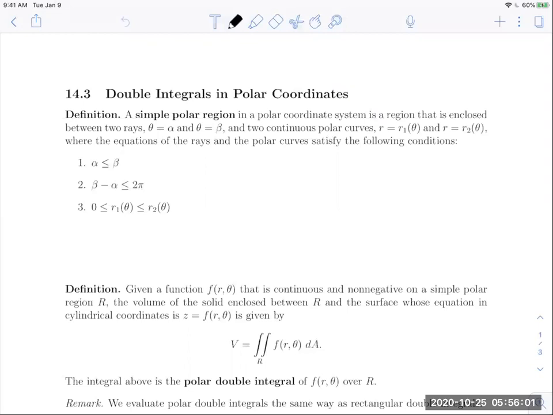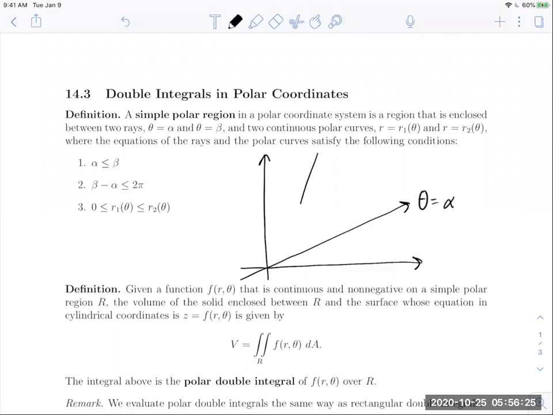Let's sketch a little diagram of what a polar region might look like. I'm going to sketch vertical and horizontal axes. And then I'll draw my two rays, theta equals alpha and theta equals beta. The lower one is alpha, and the higher one is beta.